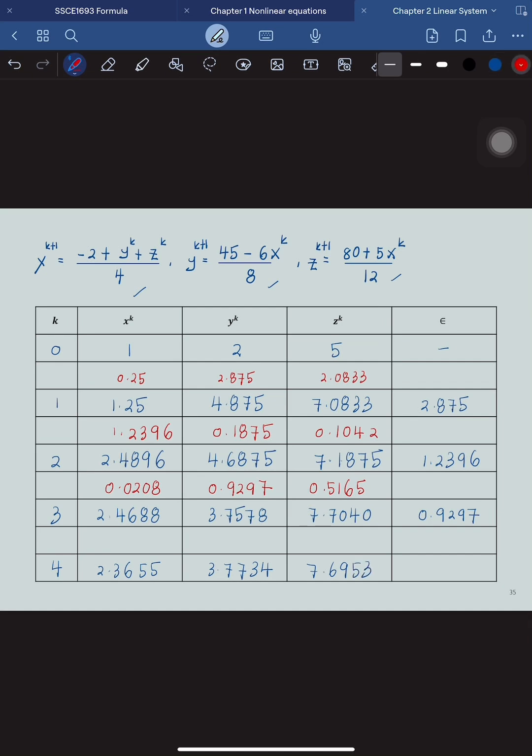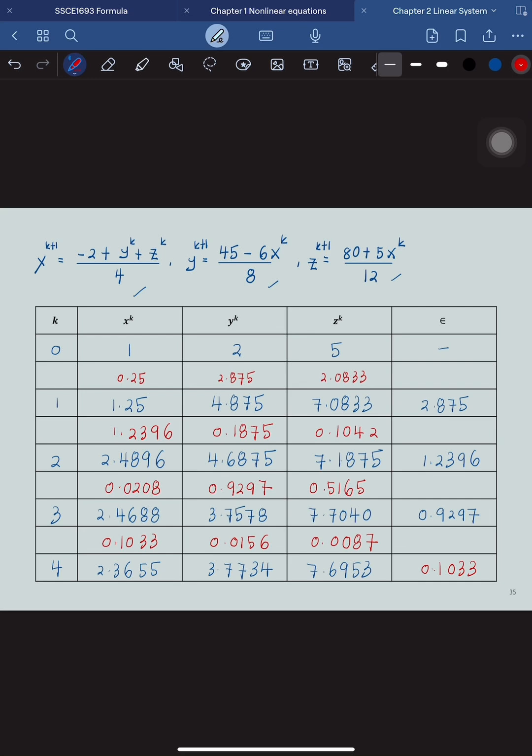Okay, so 7.6953 minus 7.7040, I get 0.0087. Then 3.7734 minus 3.7578 gives 0.0156, and 2.3655 minus 2.4688 gives 0.1033. So the maximum is 0.1033. So already satisfied because our stopping criteria is less than 0.5.